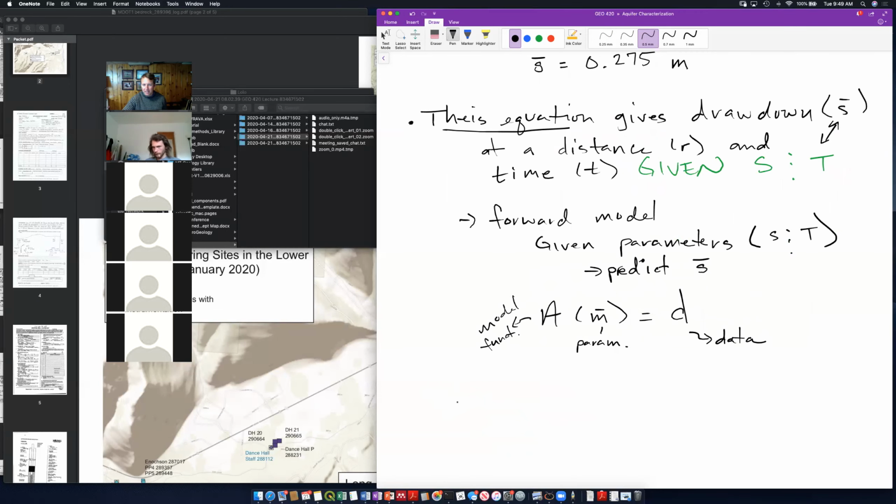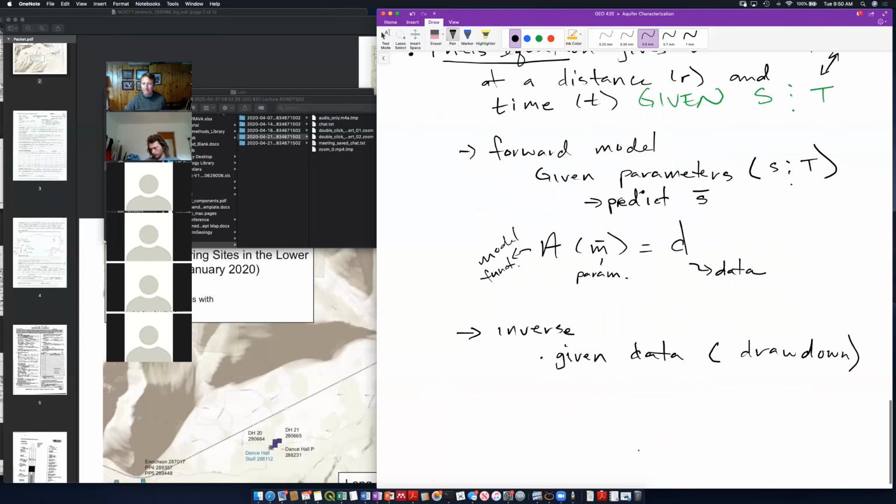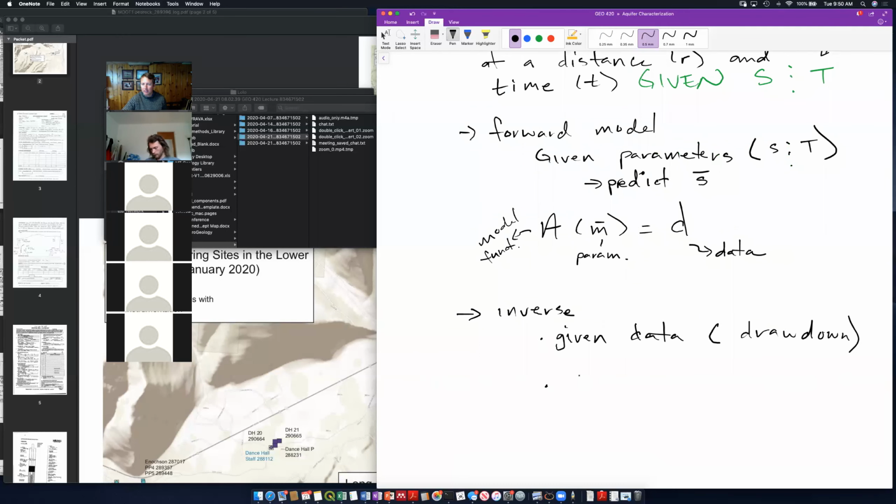Now, the inverse problem is to go from taken data, given data, so given my data here, which would be drawdown, all right, calculate parameters.